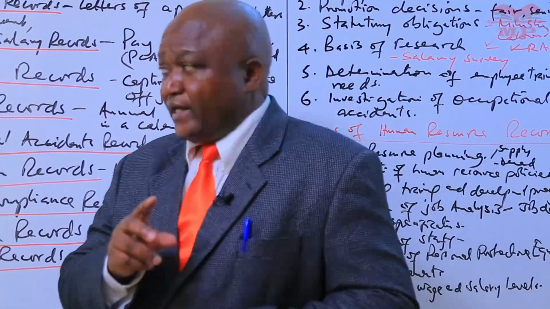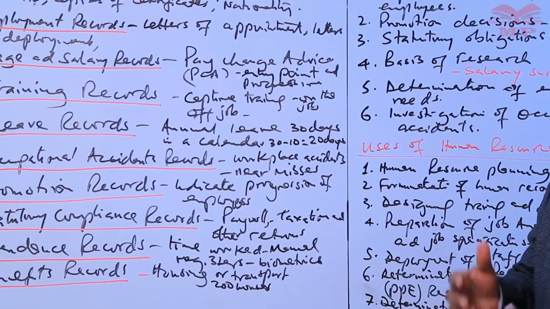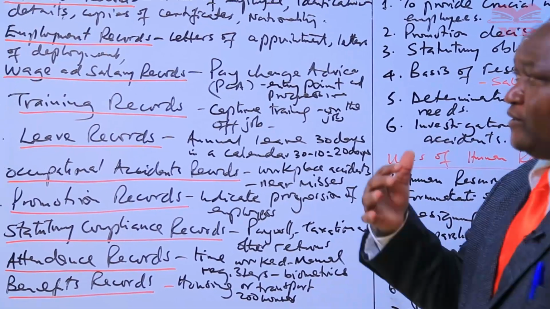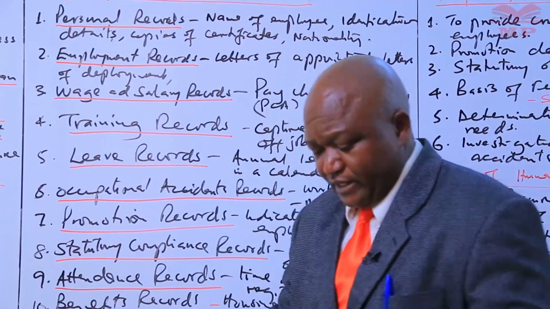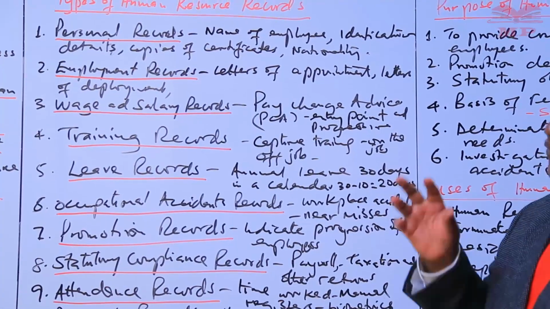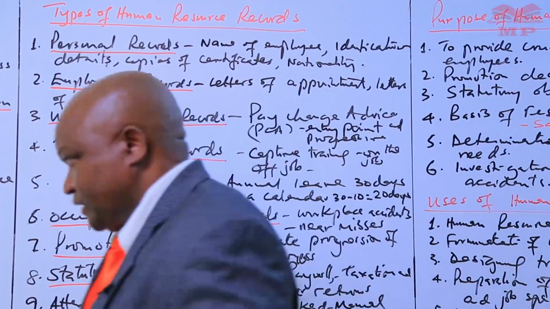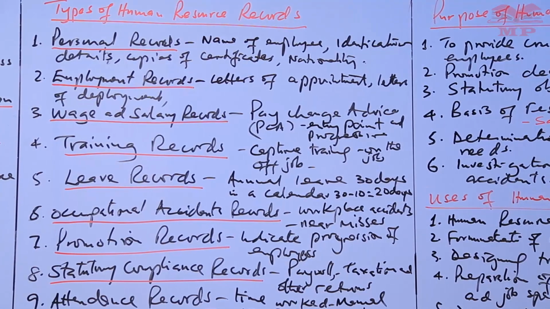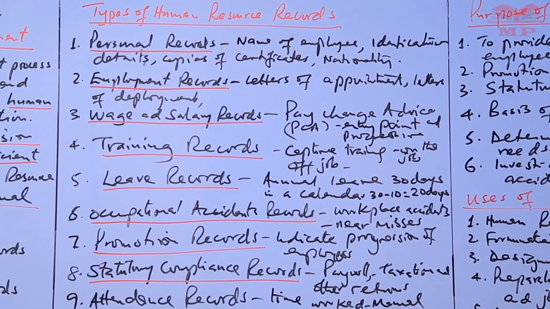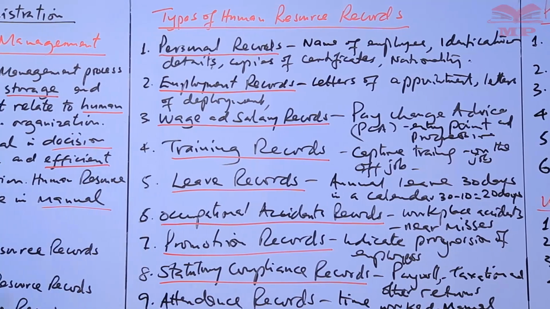And in our lesson, dear learner, we are continuing with our lectures in the area of human resource management. And today, in the lesson, we were focusing on human resource records management, where we have looked at the process of human resource records management to be a process that involves the creation, the use, the storage, and retrieval of records that relate to human resource activities in an organization.